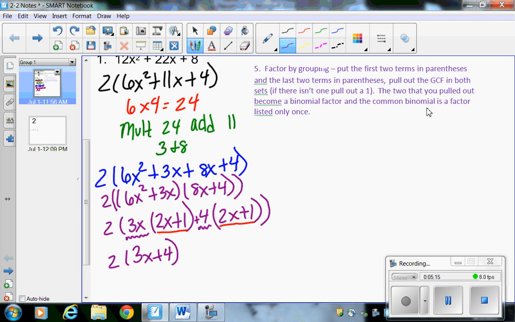And the common binomial is a factor listed only once. So then my other one is 2x plus 1. So this is the factored form of our original trinomial of 12x squared plus 22x plus 8.